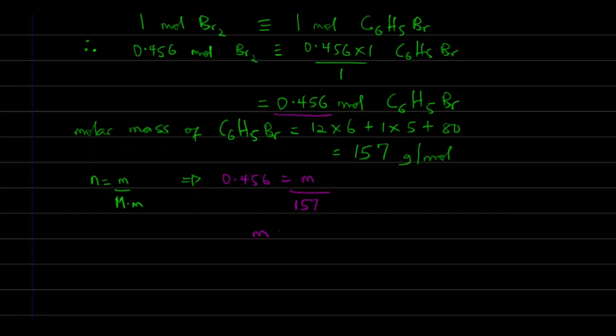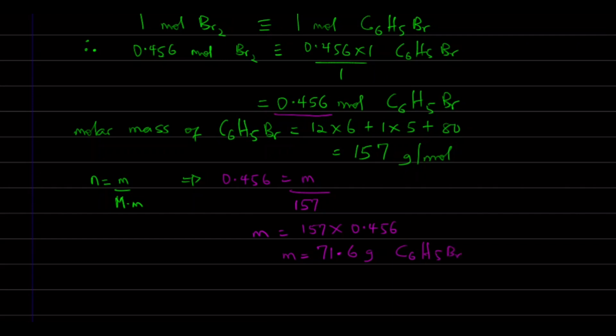So the mass becomes 157 times 0.456, and the mass gives us 71.6 grams of the main product.